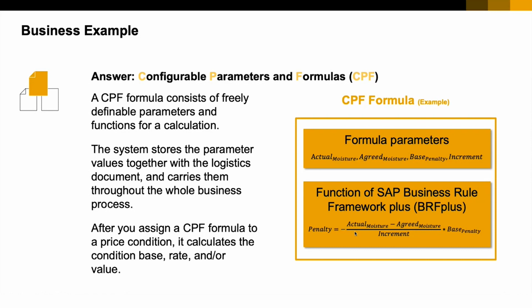All these attributes you see here are called formula parameters. You don't need to set them like this; this is just an example. You can give any names you like which make sense in your business context, and you're free to choose your nomenclature.